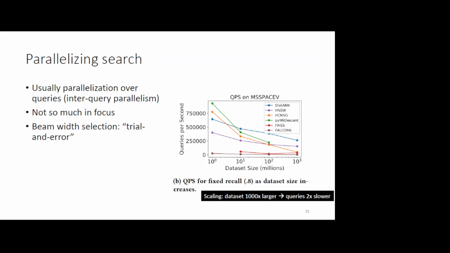Okay, you can also perform a parallelized search because you have multiple CPUs or multiple threads. Each thread or each CPU can perform a query to do the search. So the parallelization is just over the queries. Finally we show the result here. This is again several methods, and we show data from 1 million data size to 1 billion data size, and here the y-axis shows the queries per second, the throughput.